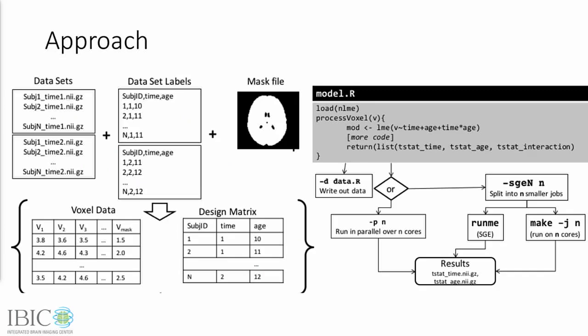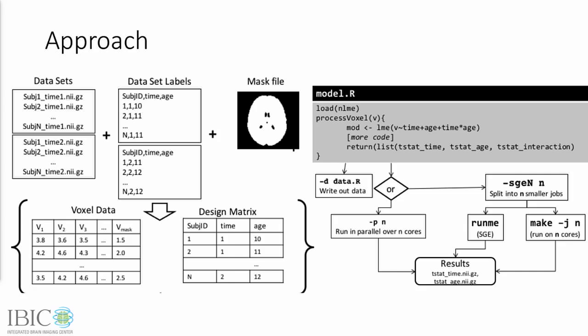This is just a little bit more detail on the approach here of what the software package does. You give it data sets, and you give it sets of covariates and a mask, and it just flattens those 3-dimensional, 4-dimensional data sets into a structure that is your voxel data and your design matrix, except that the columns are named as your covariates kind of coherently.